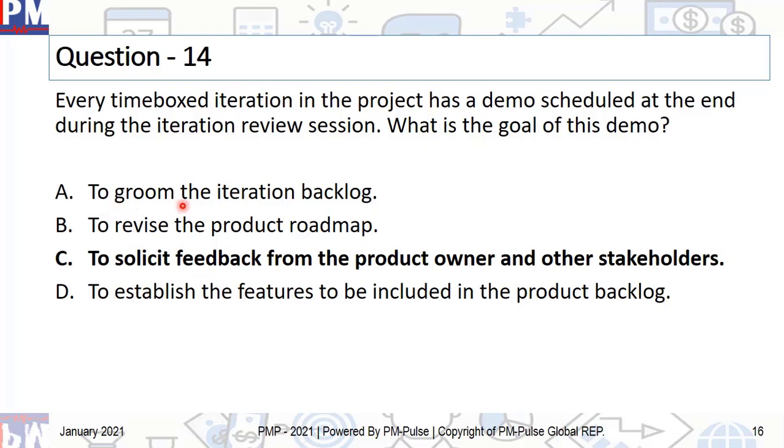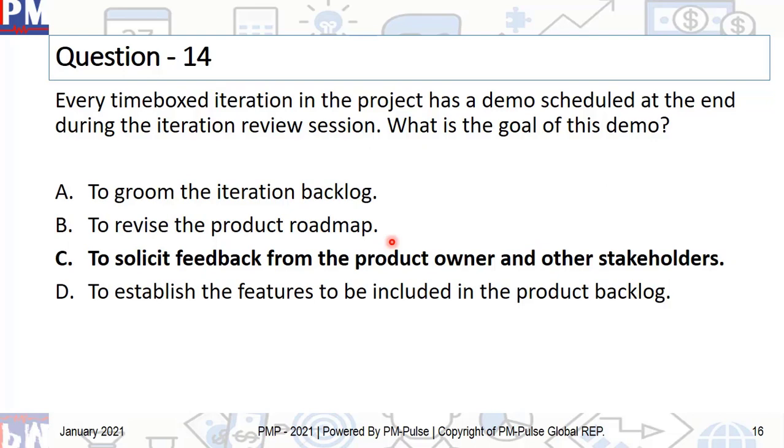But if you look at to groom the iteration backlog, no, sir. That's not it. Grooming the iteration backlog is reprioritization of the backlog. That happens because of the inputs from the product owner based on what the customer has to say. Now, B, to revise the product roadmap, absolutely not. The roadmap is the overall major milestones or the release map of how the releases will be done over a period of time.